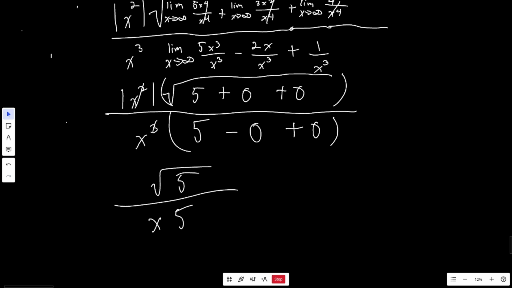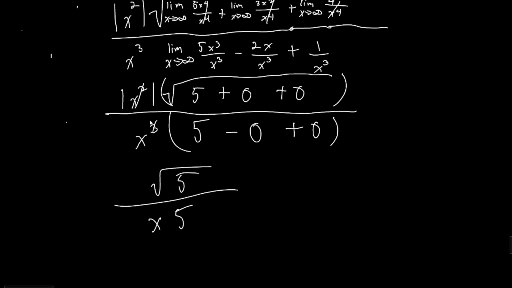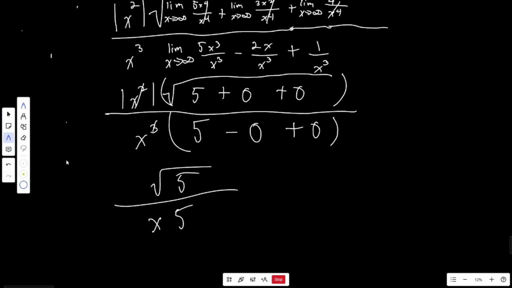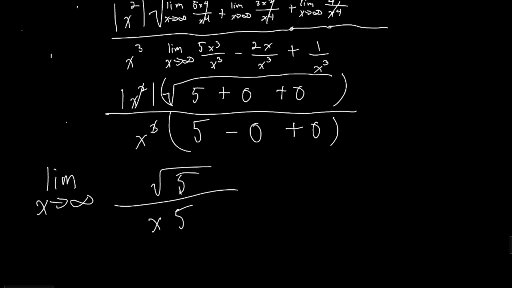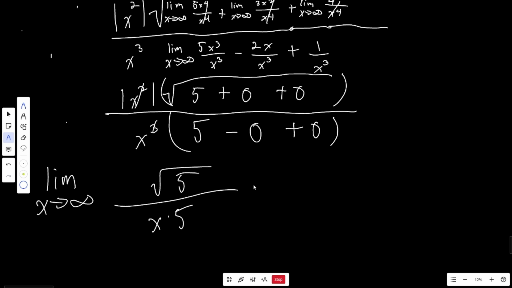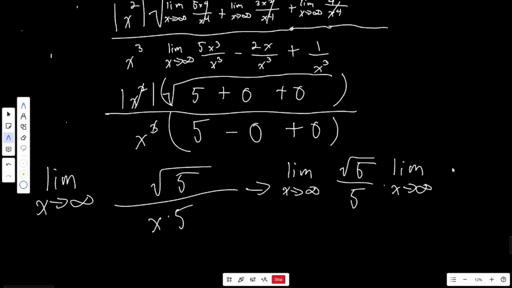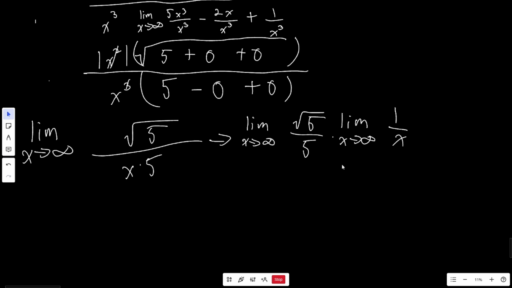Now, from here, we can see that we're not really done yet. So we have to bring back our limit. We're going to bring back our limit of our now simplified function, which is square root of 5 over x times 5. And we can actually split this into a new statement as x approaches infinity of square root 5 over 5 times the limit as x approaches infinity of 1 over x, which is our product of limits rule, or yeah, our limit law of the product of limits.